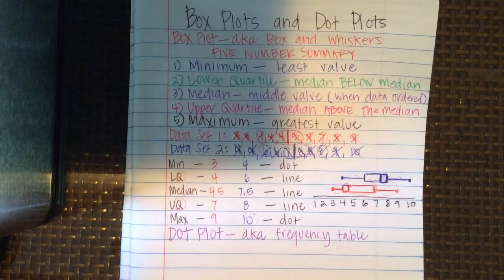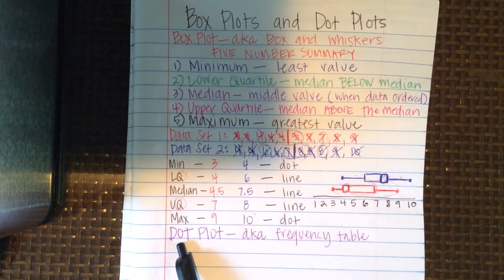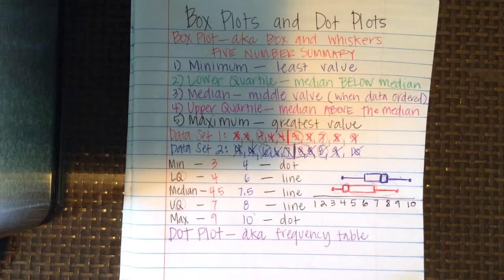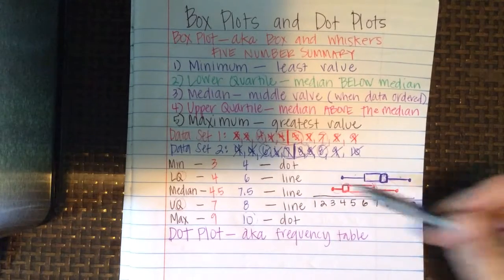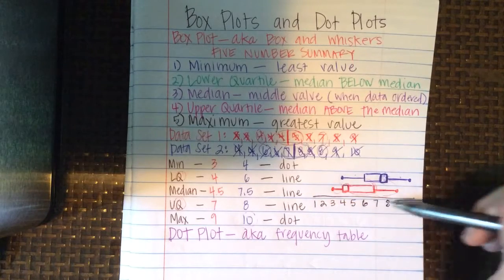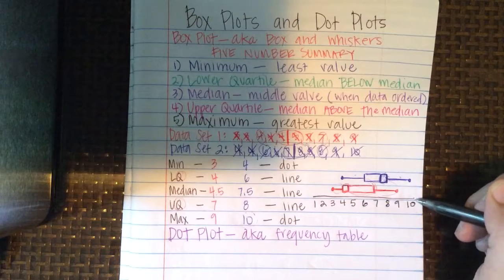Frequency tables tend to have some bias to them, some misconception to them, because it's made up of dots. And students get a little out of control with the size of their dots sometimes. So again, just like up here in the box plot where you need to make sure that your intervals were pretty close to perfect, you need to be really careful when you're making your number line.